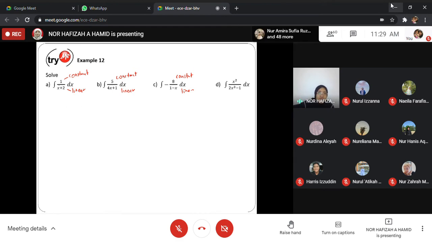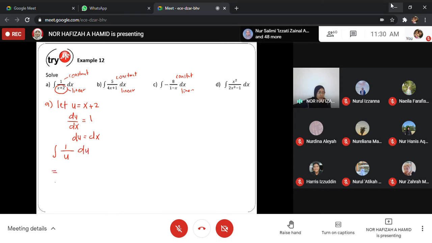So untuk yang A, first saya solve dulu using substitution. Kalau substitution method, u dia is denominator. So let u equal to x plus 2, differentiate equal to 1 and du equal to dx. So saya nak integrate 1 over u and dx is du.